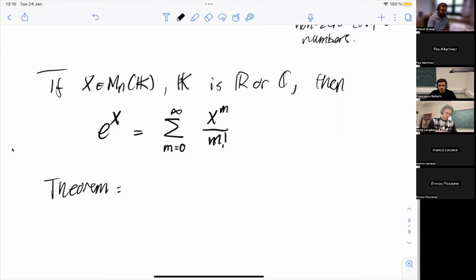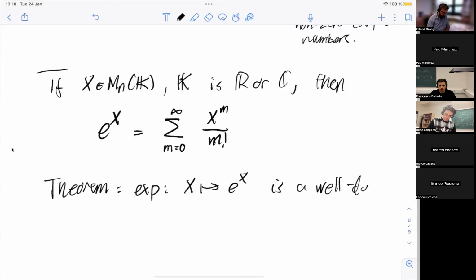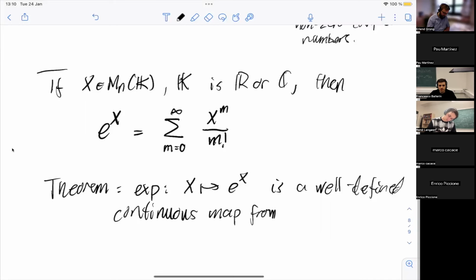The map taking x to e^x is a well-defined continuous map from all matrices into the invertible matrices.